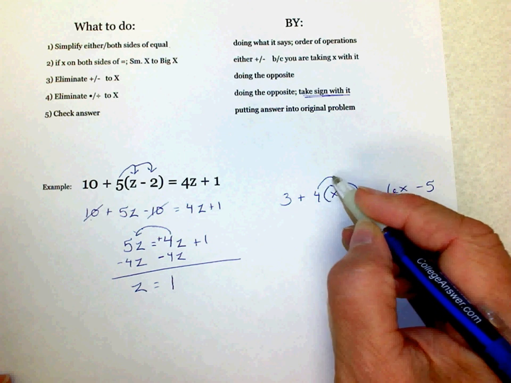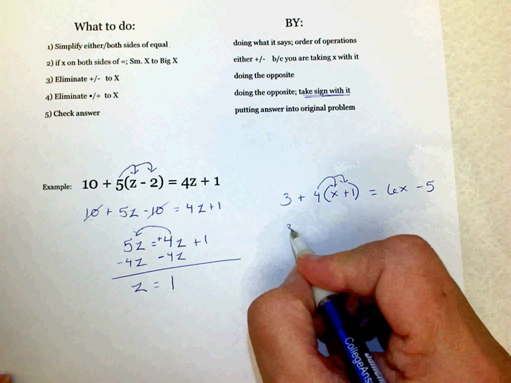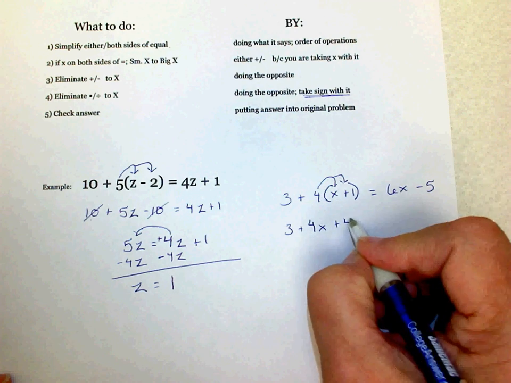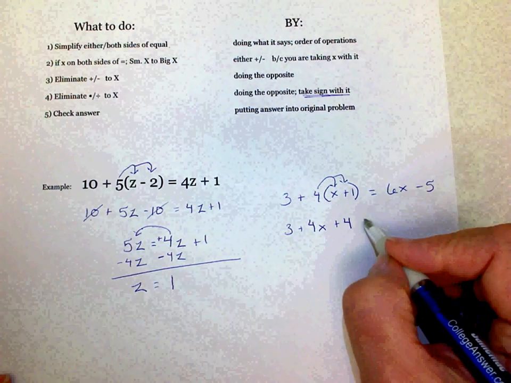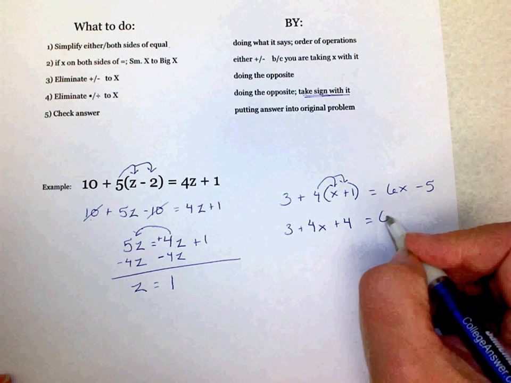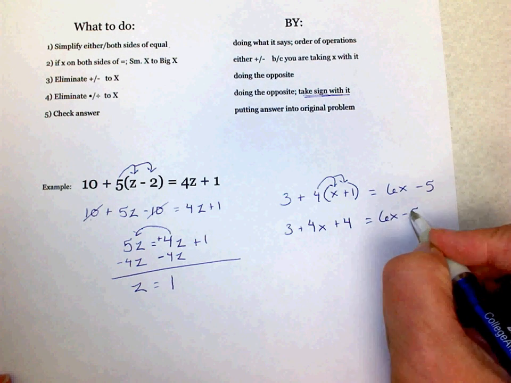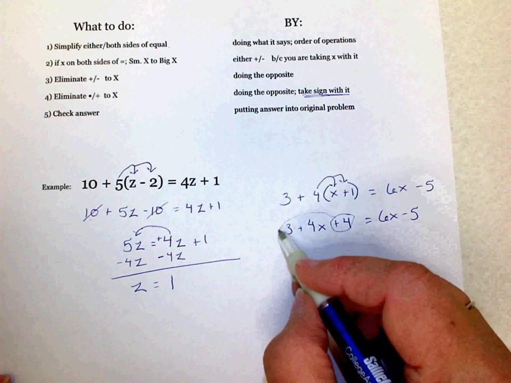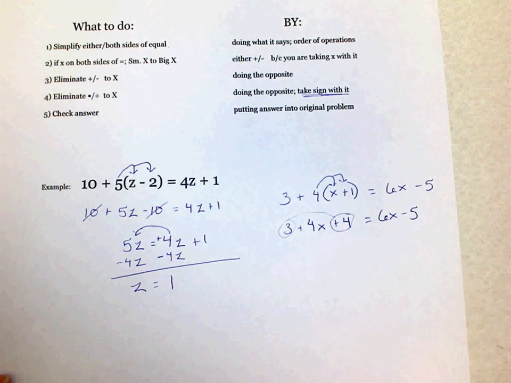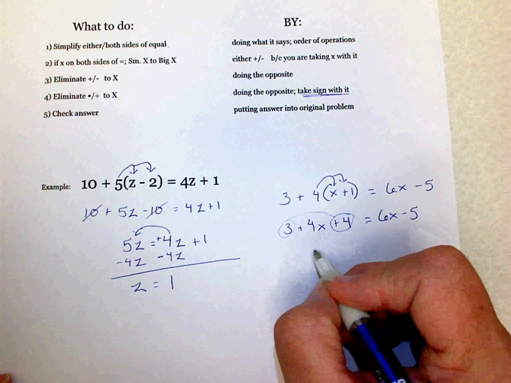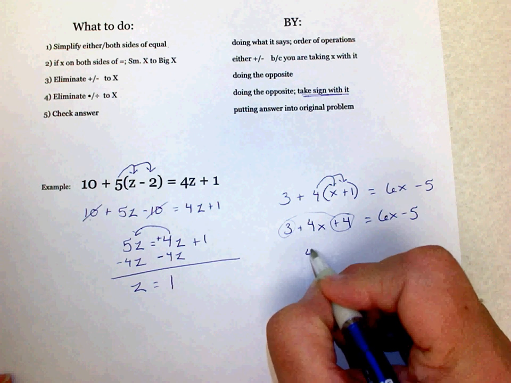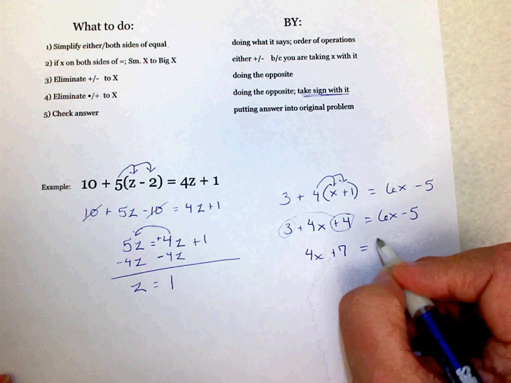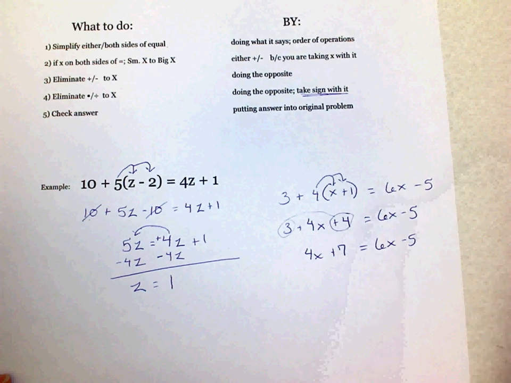We distribute our 4, so 3 plus 4x plus 4 equals, and we can't simplify that side, so 6x minus 5. Now, again, we have to combine our like terms. 3 plus 4 is 7, so 4x plus 7 equals 6x minus 5.